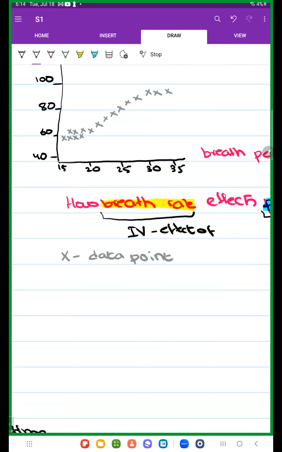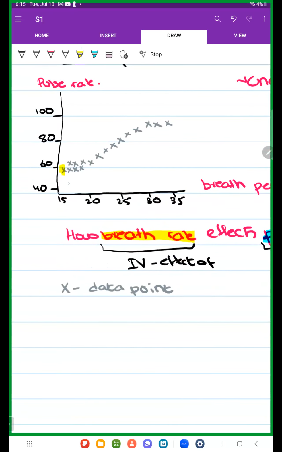If I look at this point, you can see that at 15 breaths per minute, the individual had a pulse rate of 60. Do you see this? So this is how we draw a scatter plot.